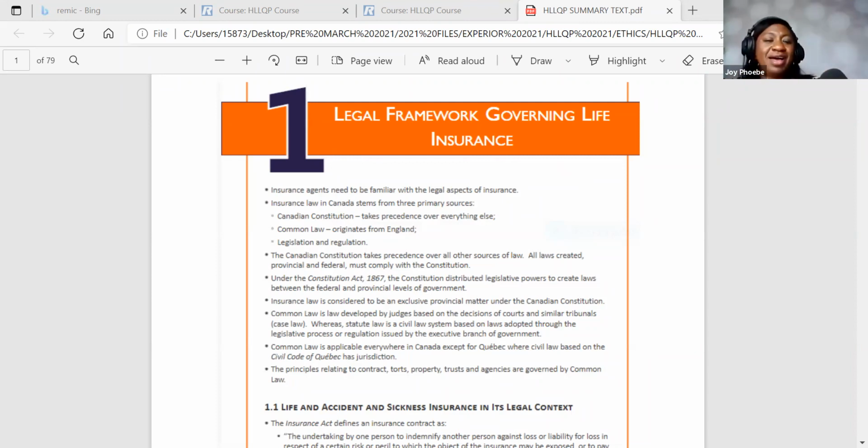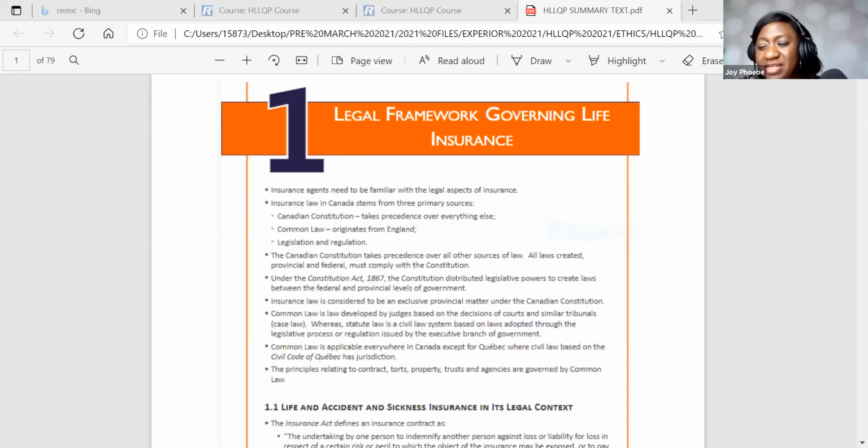Typically when we hear offer and acceptance, it would be that when we complete the insurance application, that's an offer, and when the insurance company agrees to provide coverage and deliver the policy, that's the acceptance. But under common law and insurance law, it doesn't work that way. The completion of the application does not constitute the offer.